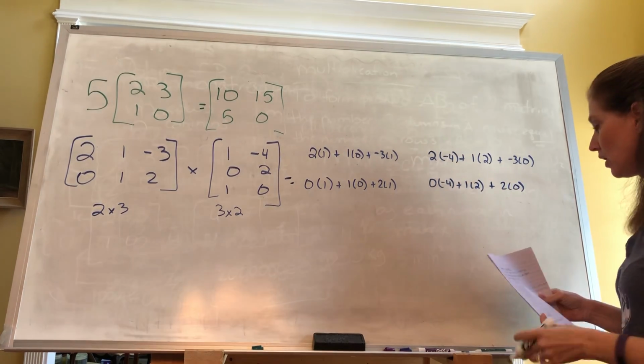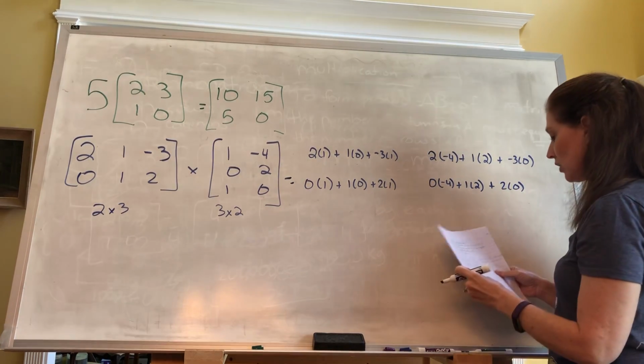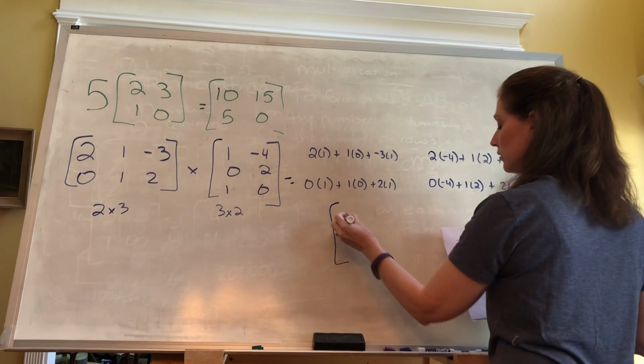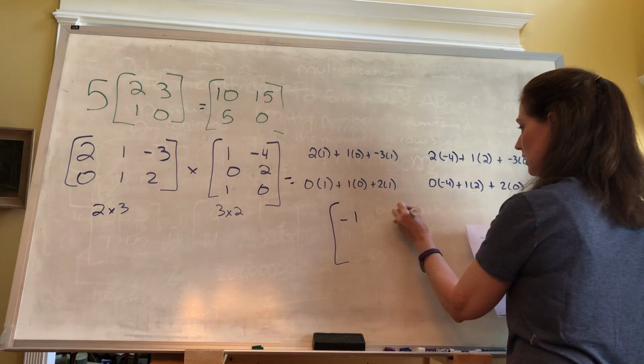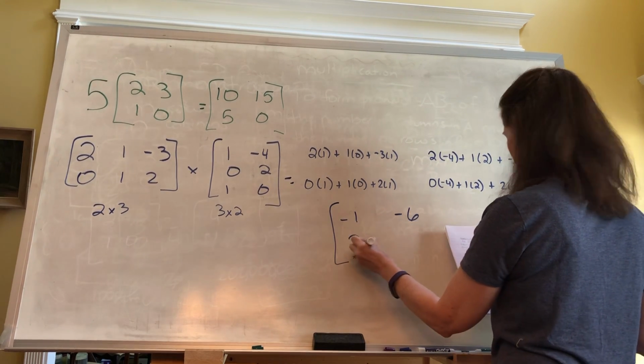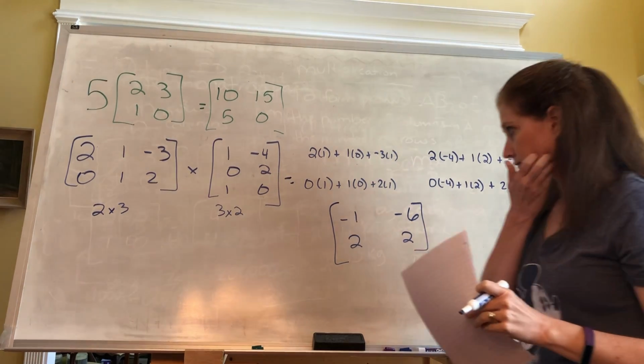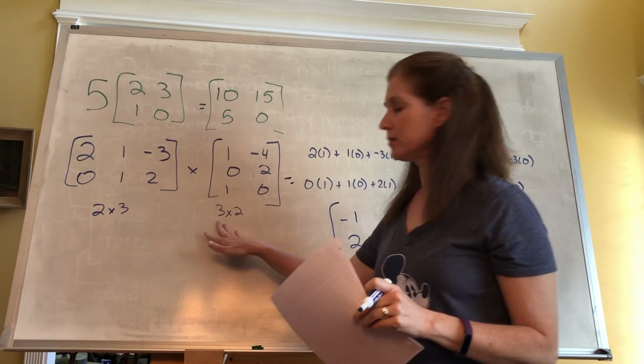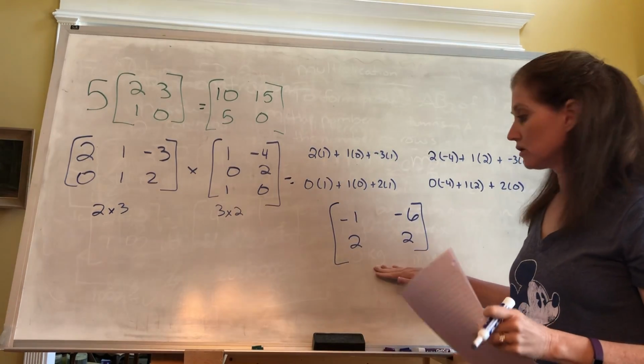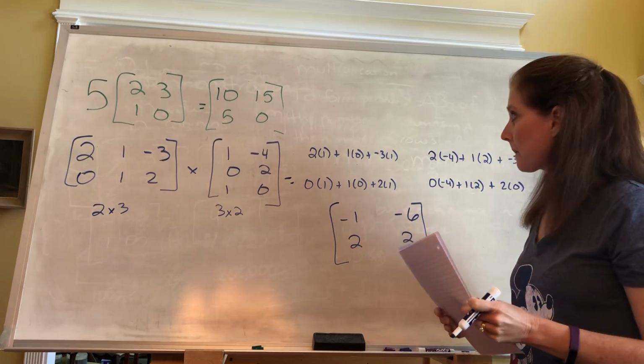Okay. All right, so when we add all of those up, our resulting matrix is going to be -1, -6, and 2, 2. So this 2 by 3 and 3 by 2, the resulting is a 2 by 2 matrix.